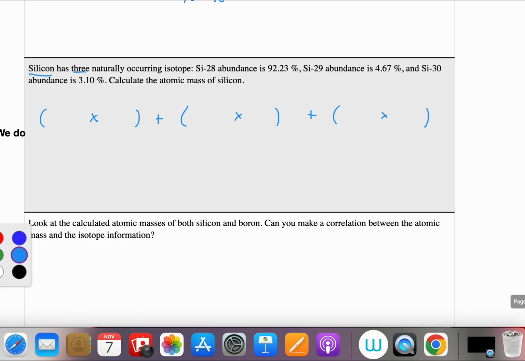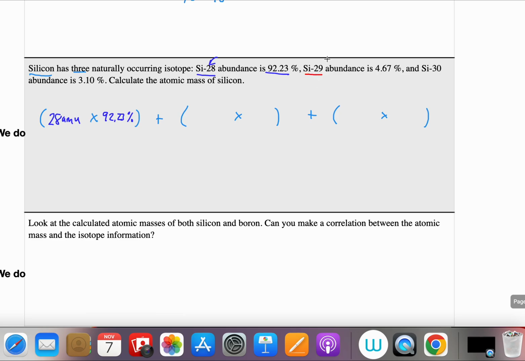My first isotope is silicon 28, and because I'm not told anything else, I will use 28 as its mass number. So 28 AMUs times its percent abundance of 92.23%.